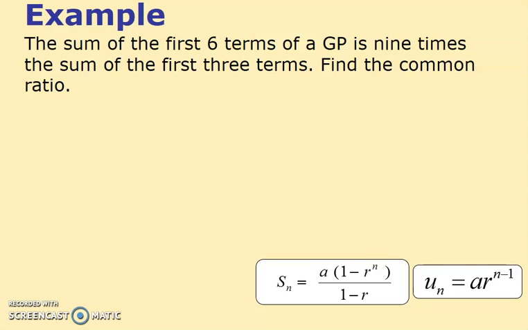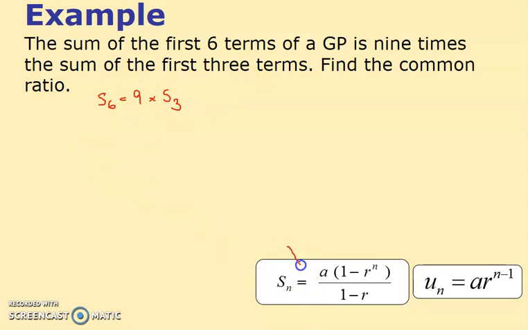The sum of the first 6 terms of a GP is 9 times the sum of the first 3 terms. So let's have a look at this one. The sum of the first 6 terms is 9 times the sum of the first 3 terms. That's what it says.